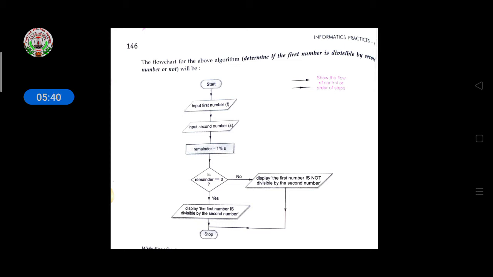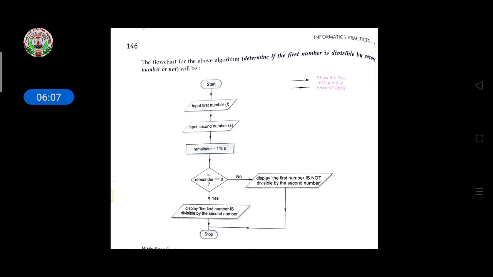In the decision box it is written: is remainder equal to 0? If yes, then move down, and if no, then display the first number is not divisible by the second number.